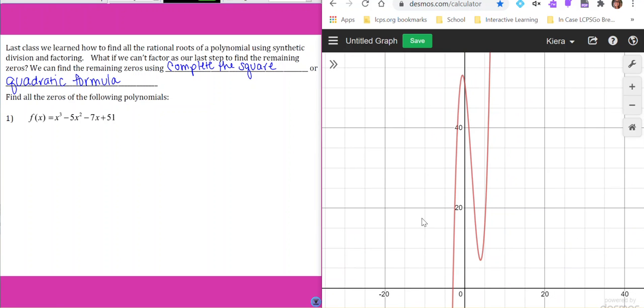It's a really tall one. All right, so we see that it has one real zero at -3. Because it has an x cubed, we know it has 3 zeros total, so that must mean our other two are complex.